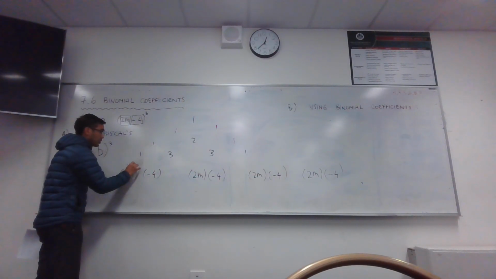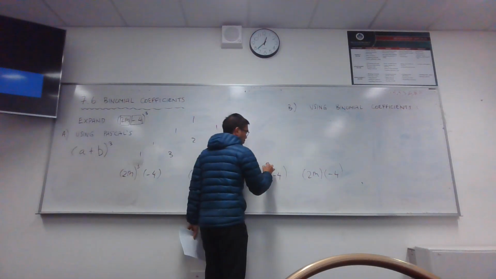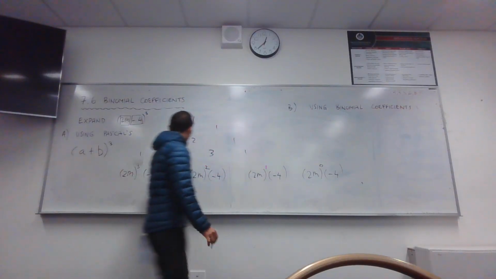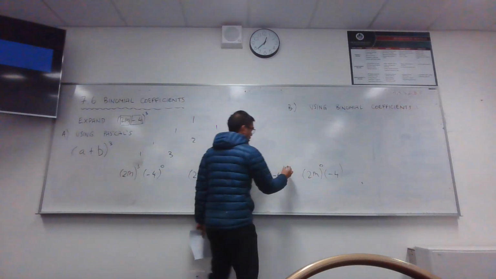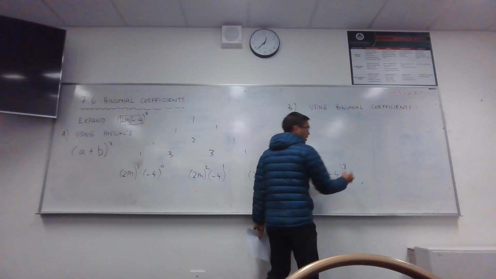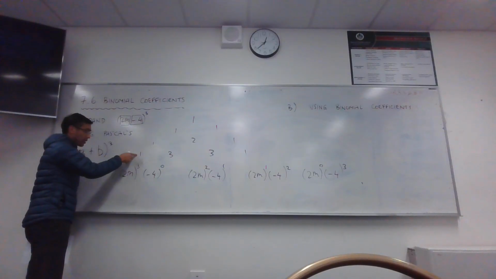So all we need to do is 3, 2, 1, 0. And for the other term, 0, 1, 2, 3. And the coefficients: 1, 3, 3, 1.